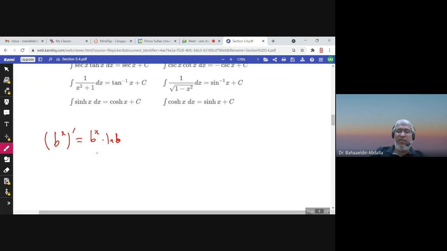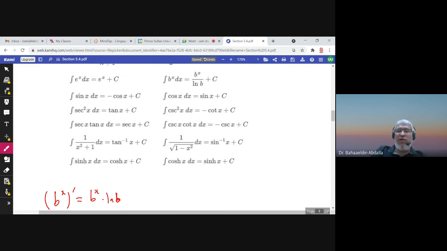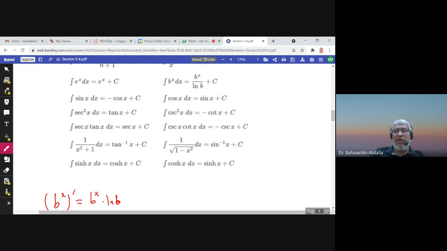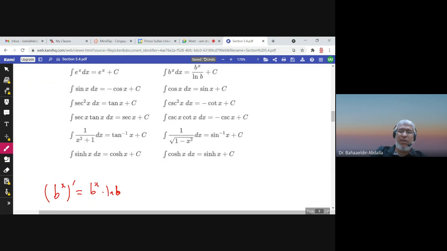So if you find the derivative of b^x over ln b, the ln b cancels with ln b, and you get b to the power x. So the integral of b to the power x would be b^x over ln b plus c.